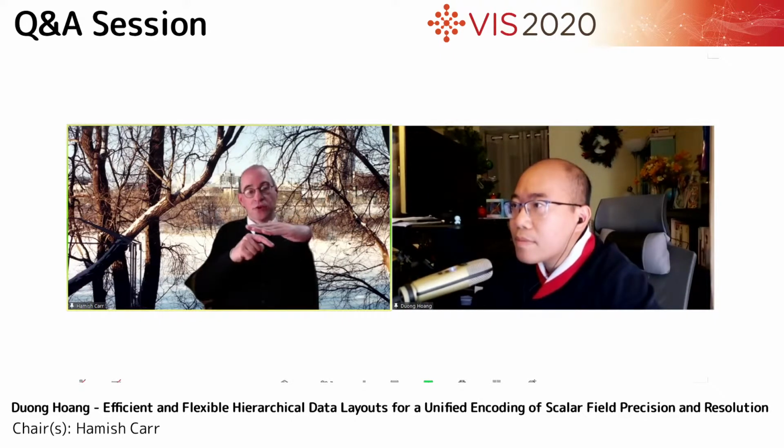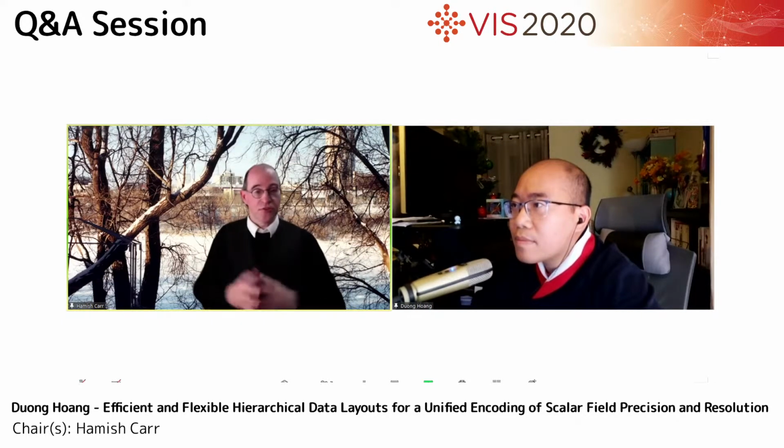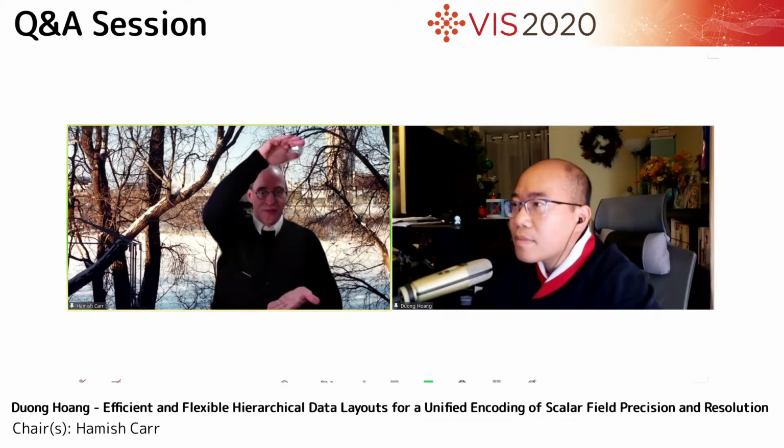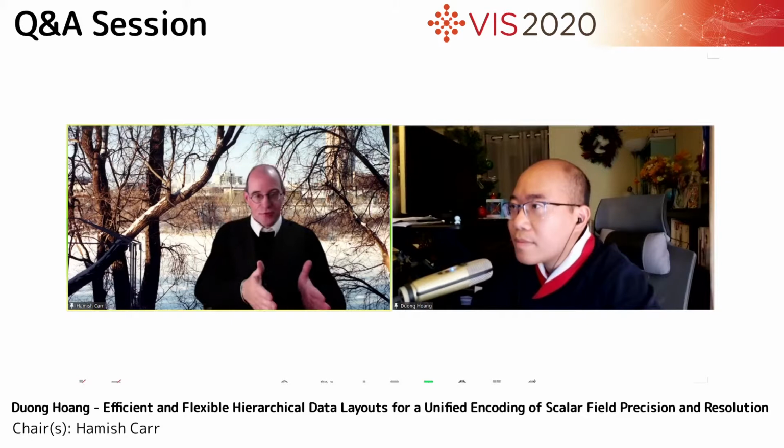And so your neighborhoods, you need to make sure that you don't distort them preferentially in one direction or the other. And of course, that's precisely the distinction between precision, which is the functional value, and resolution, which is the domain itself. So there's interesting connections there that I ran into with my student Brian Duffy. And I was just wondering if they popped up here.